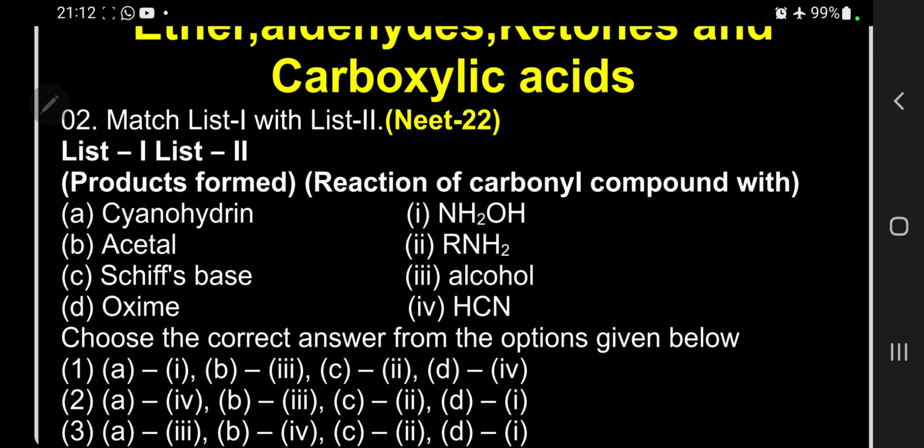Normally, aldehyde and ketone will undergo reaction with HCN to produce cyanohydrin. So, A4. Now, here itself the answer is clear. Just see here, option A, that is 4, so 2 is the correct answer, because in all other cases, A1, A3, A2 are wrong. But anyhow, still we will compare with the other ones also.